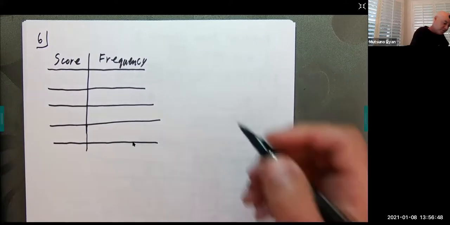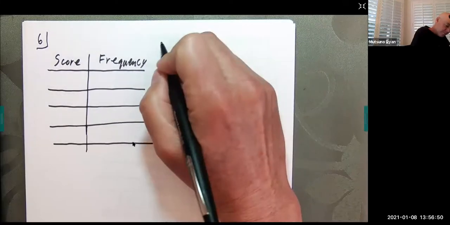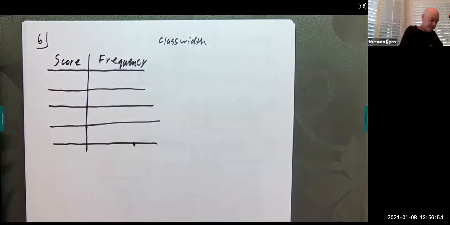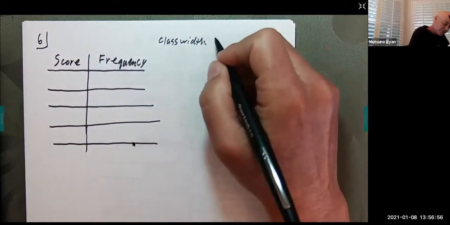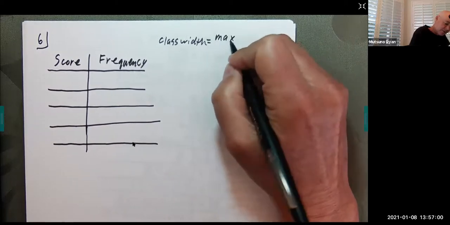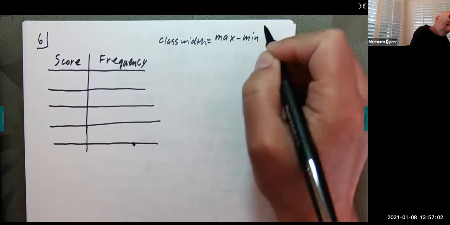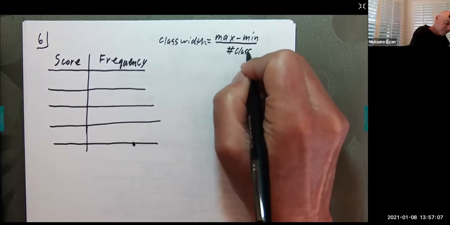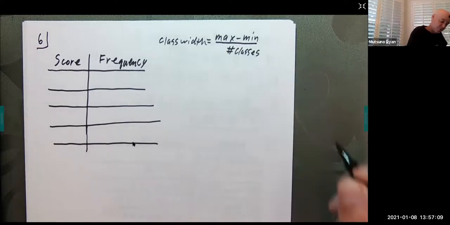The way we find the class width, when we have raw data, is I take the largest, so the max, minus the min, divided by the number of classes, which is 4 in this case.